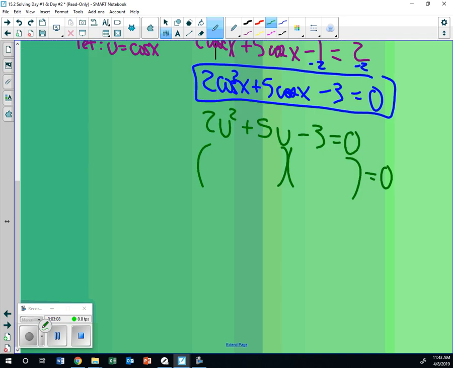So factor that one. Drew, what should I factor this into? Well, you should start with parentheses, a u at the beginning. Yep, a u and a u, and one of them is going to have a 2. And now what are you going to do with that negative 3 to get 5u in the middle? Should I put 3 in the first one or the second one?